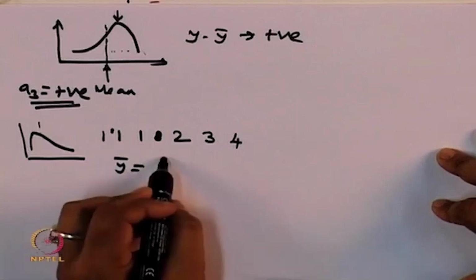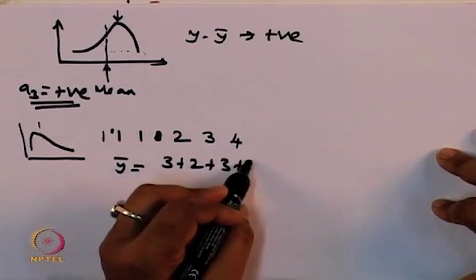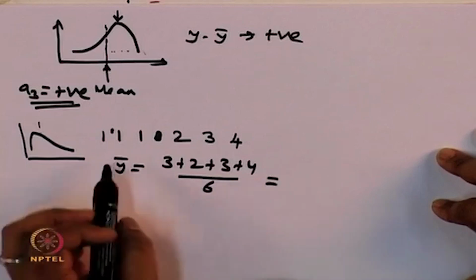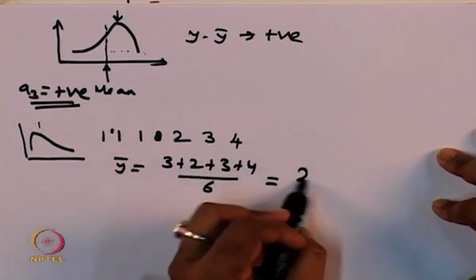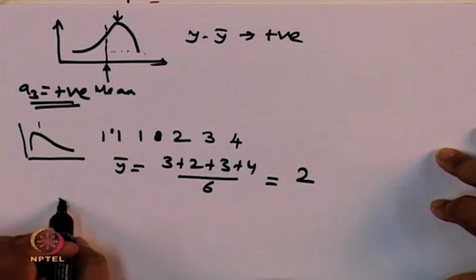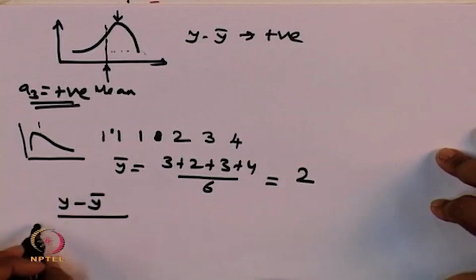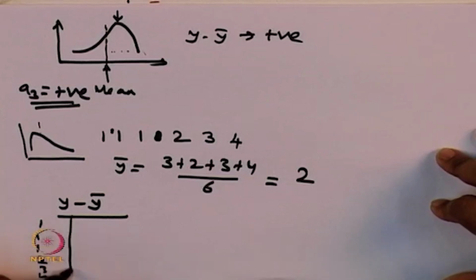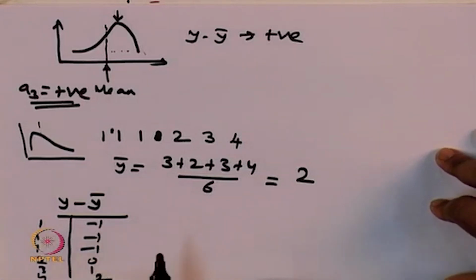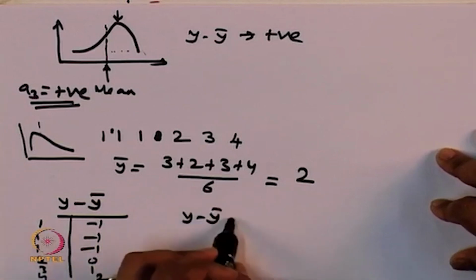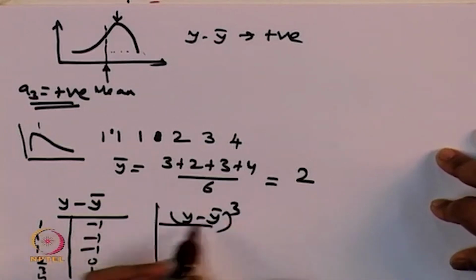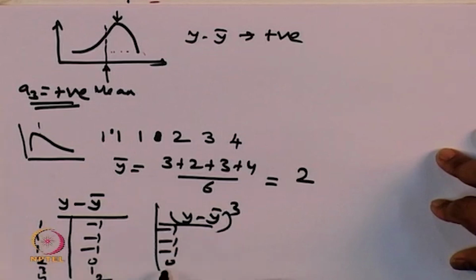So your y bar is equal to 3 plus 2 plus 3 plus 4 by 6, which is 12 by 6, equal to 2. Y bar is 2. Now I can calculate y minus y bar. So I have 1, 1, 1, 2, 3, 4. For the value of 1 it is minus 1, minus 1, minus 1, 0, 1, 2. So in this case y minus y bar whole cubed will give me minus 1, minus 1, minus 1, 0, 1, and 2 cubed is 8.